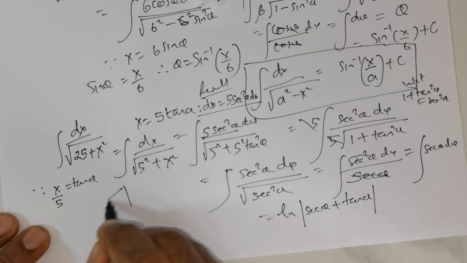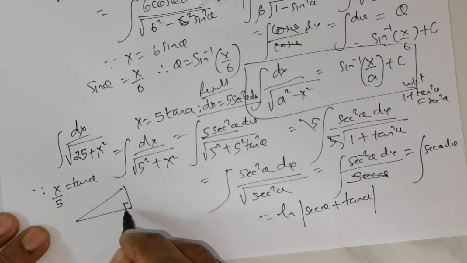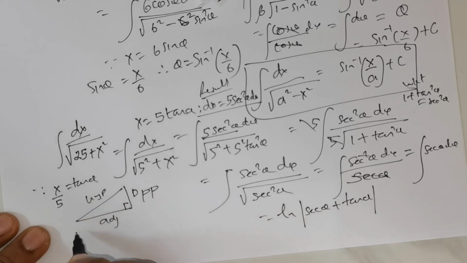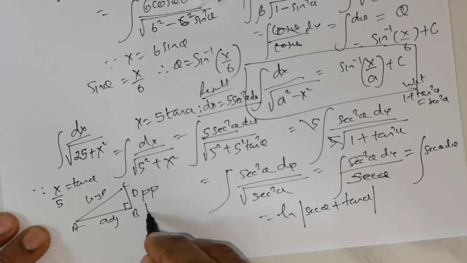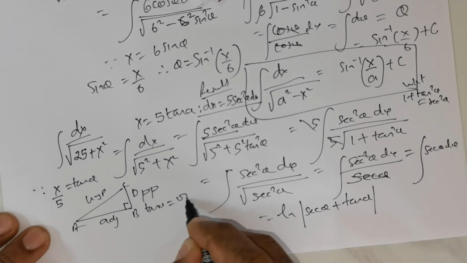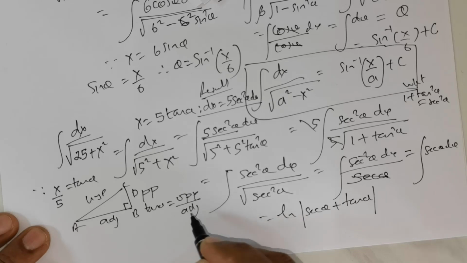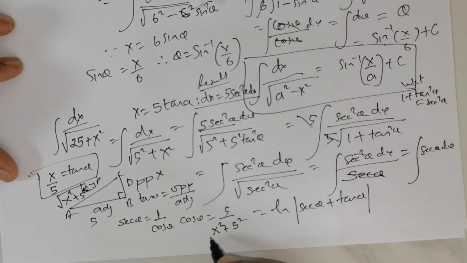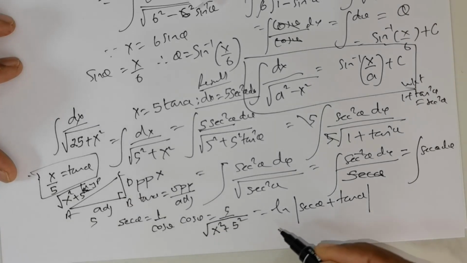right? So you make up the right triangle. This is adjacent side, this is opposite side, this is hypotenuse. So I'll take it as a, b, c. Now tan theta is opposite side divided by adjacent side. So that means you have an x here, you have a 5 here. So the hypotenuse has to be placed there.